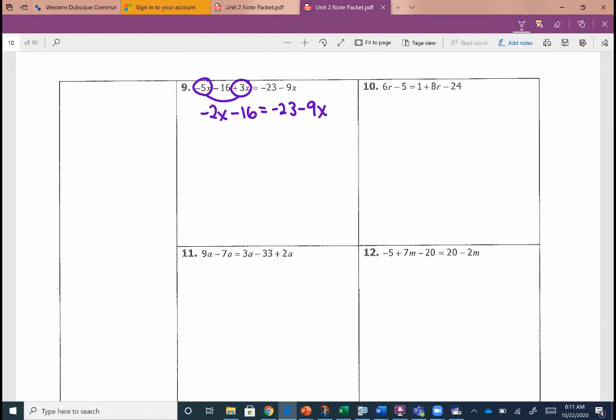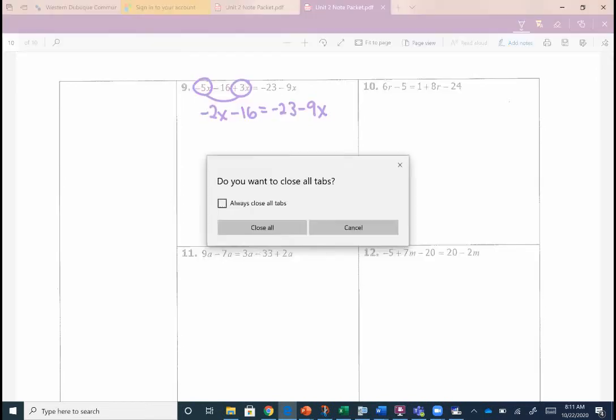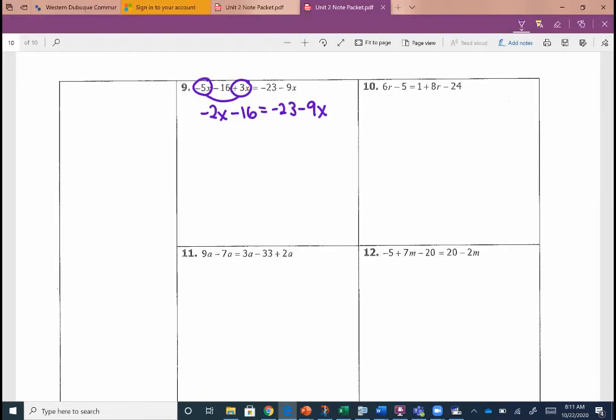So the piece that's different from yesterday is I need to combine those like terms first. Now I need to move one of the terms with x. I noticed yesterday that a lot of you just like to pick the x that was over on the left, and you like to move it over to the right.